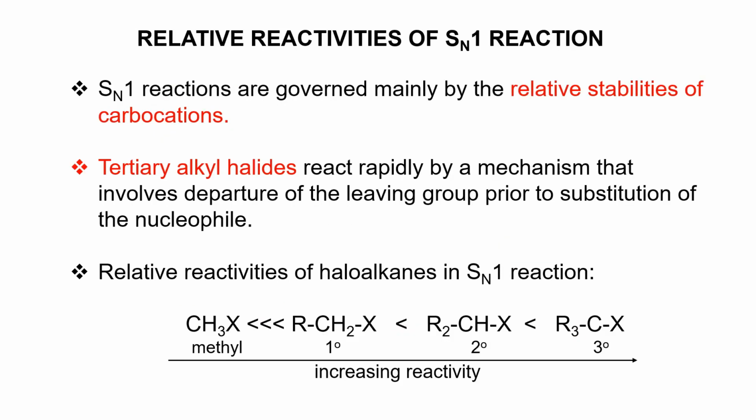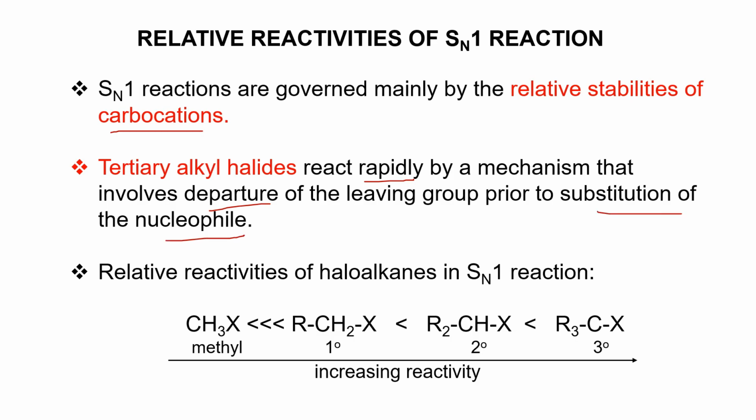SN1 reactions are governed mainly by the relative stabilities of carbocations. Tertiary alkyl halides, or tertiary haloalkanes, react rapidly by a mechanism that involves departure of the leaving group prior to substitution by the nucleophile.